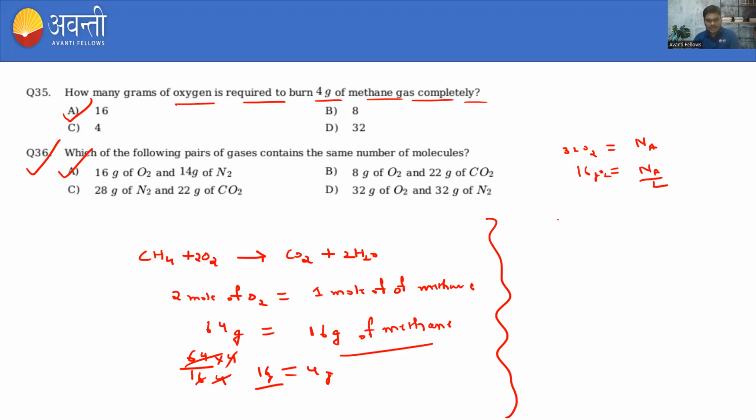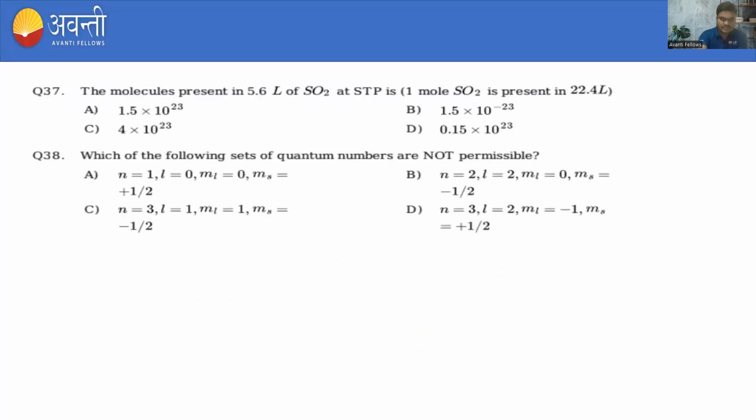Similarly, in case of N2, 28 gram gives Na, so 14 gram gives Na by 2. So in this only, that is option number A, this is correct, right? This pair contains the same number of molecules.